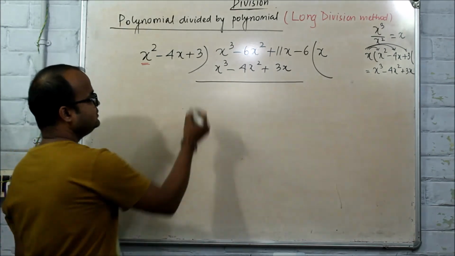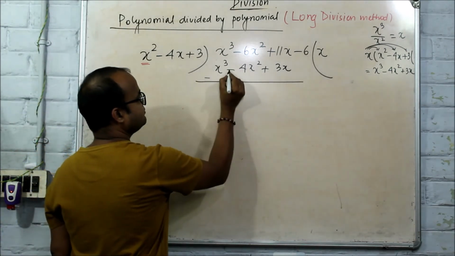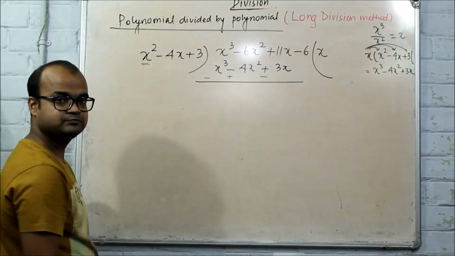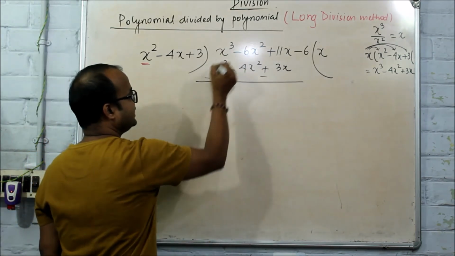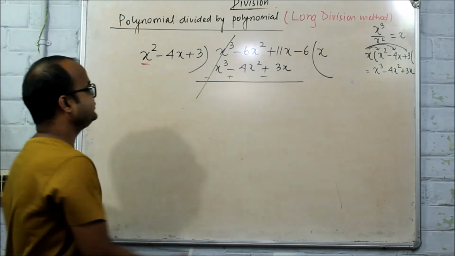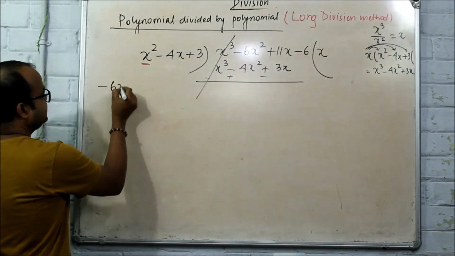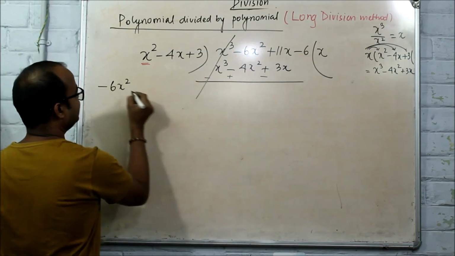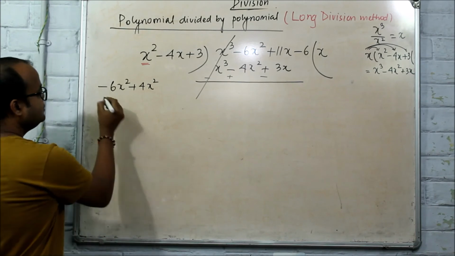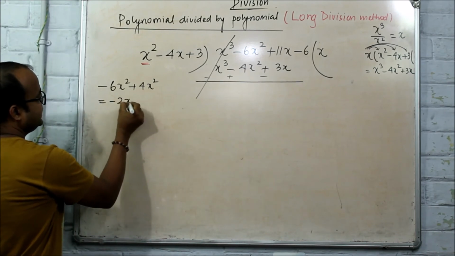Now change the signs: plus will become minus, minus will become plus, plus will become minus. So x cube minus x cube cancel. Minus 6x square plus 4x square will be equal to minus 2x square.